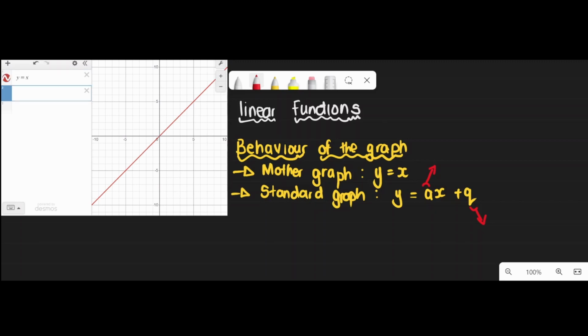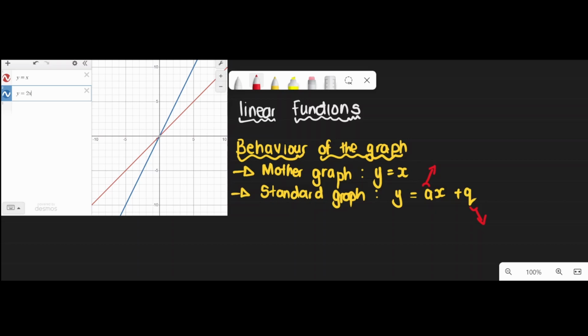So now we're going to discuss the effect of a. We know that a can either be positive or negative. That's the two effects of a. So for instance, let's say a = positive 2. Let's see what happens to the graph when a = 2. So let's say y = 2x. Do you see what happens?